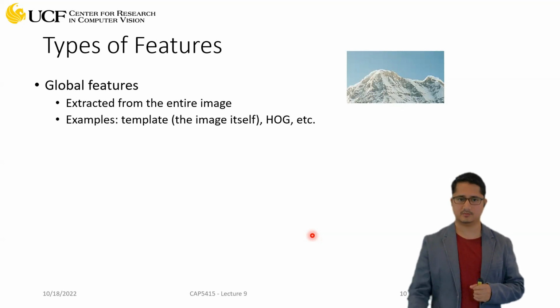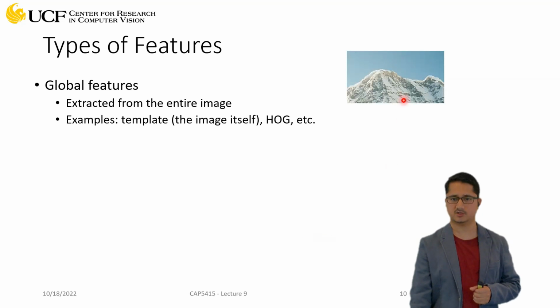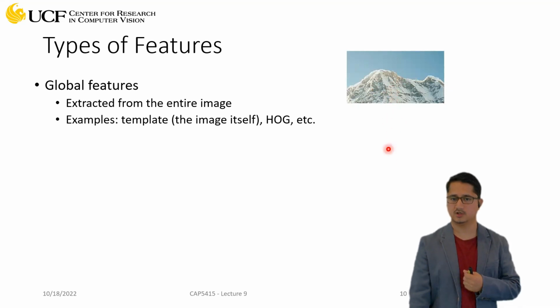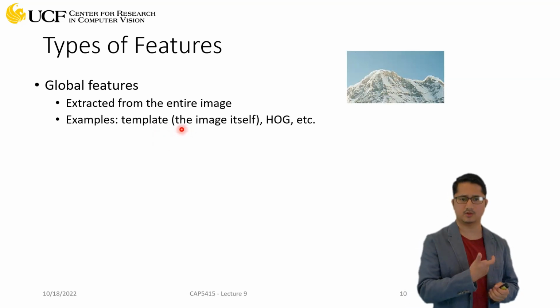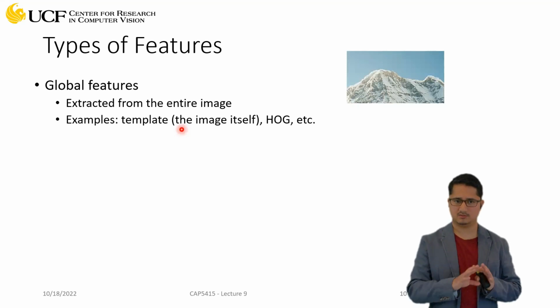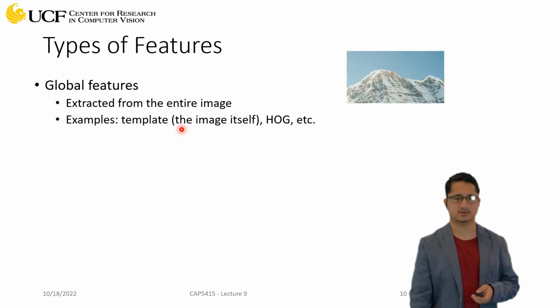For example, if you use this image to extract the features, and you're considering the whole image, each and every pixel present in this image, and extract some meaningful features, those features will be global features. For example, template matching is a kind of global feature because you are considering the whole image when you perform the matching, right? Even though you are performing point-wise matching, you use the whole image at once.